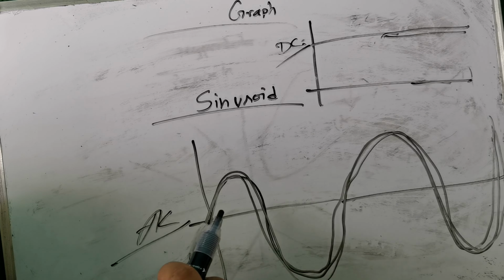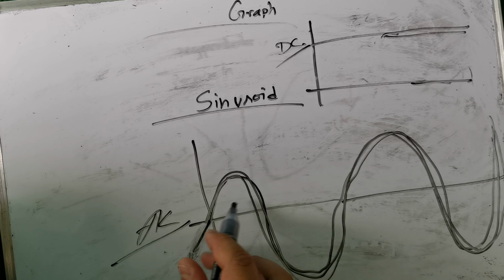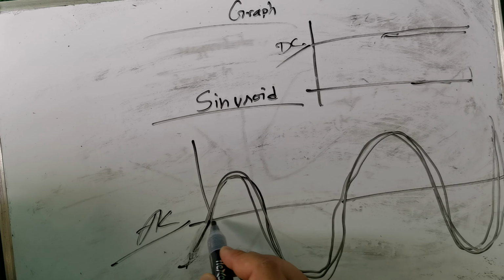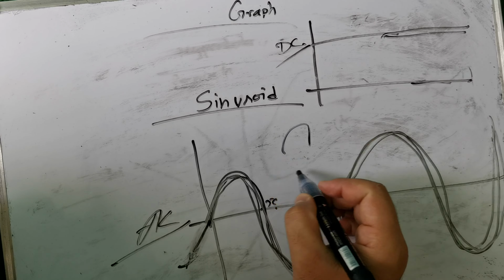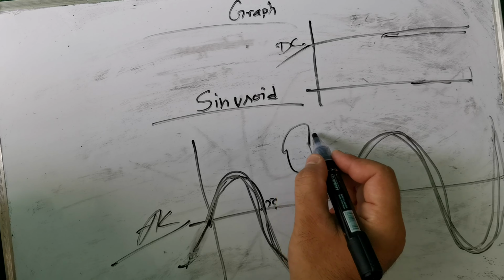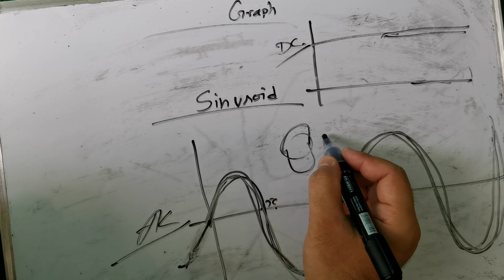The complete circle is this. Starting from here to here to here, this is the complete circle. That is 2 pi. Here is pi, that means pi means 180 degrees. 2 pi means 360 degrees. If you combine this and this, it forms 360 degrees, so a complete circle.